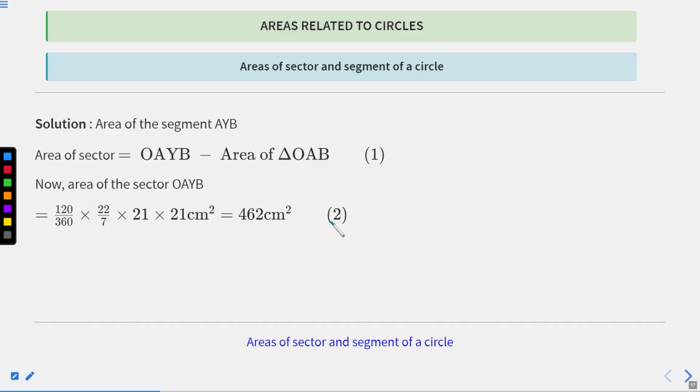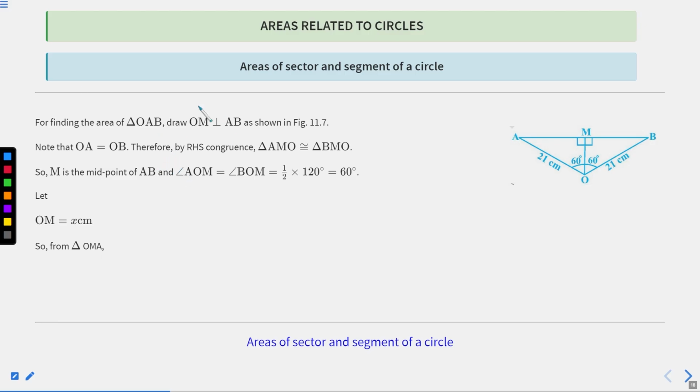Now for finding the area of triangle OAB, we can draw a perpendicular line on the side AB. So OM is perpendicular to AB, as shown in this figure. Note that OA is equal to OB.